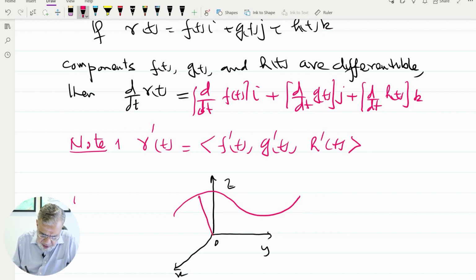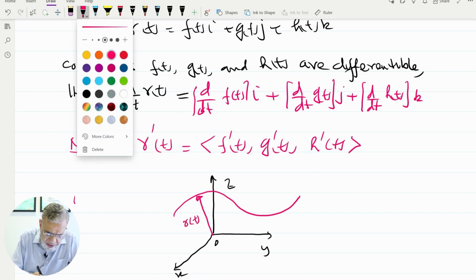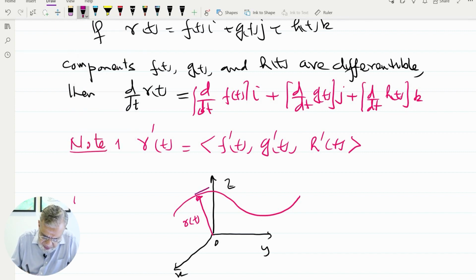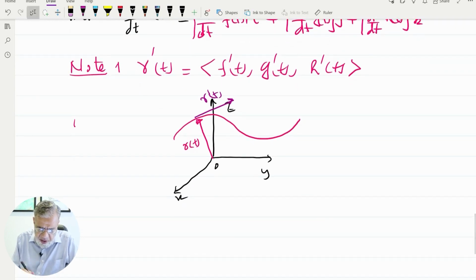So when I want to find the derivative of the function, here is my r of t. The derivative of the function is tangent to the curve. This is my r dash of t. Geometrically, I am showing that.